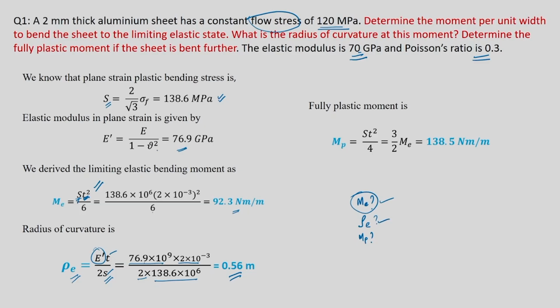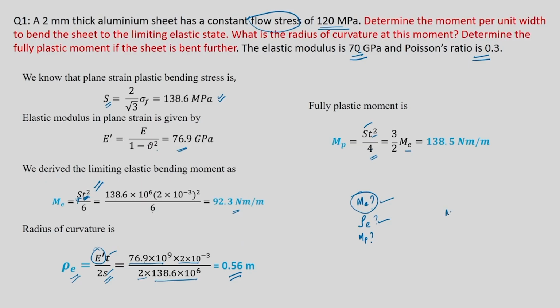Next, if you further deform it to the fully plastic moment, what will be the value? MP is nothing but S T square by 4, which we already know. Either you substitute S and T and get it, or you can relate it to ME.